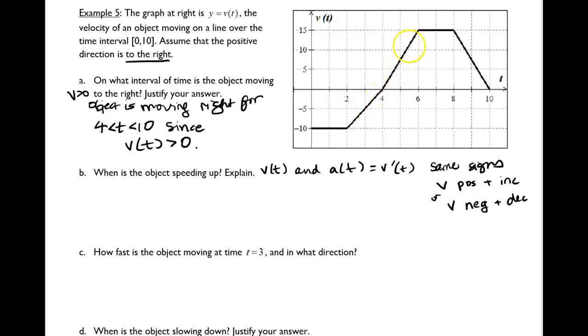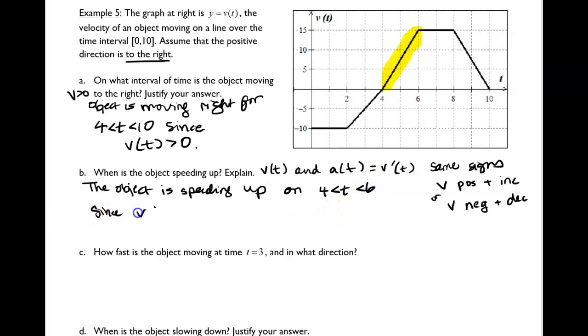Then I switch to positive and increasing, positive and constant, positive and decreasing. So it's only going to be this interval here where my velocity is positive and the slope of velocity is positive. So I can say the object is speeding up on the interval 4 less than t less than 6, since v of t is positive and increasing.